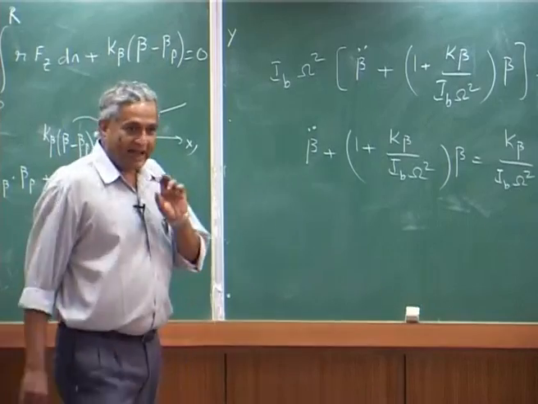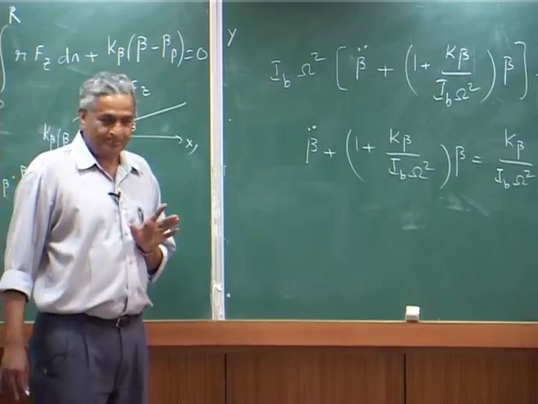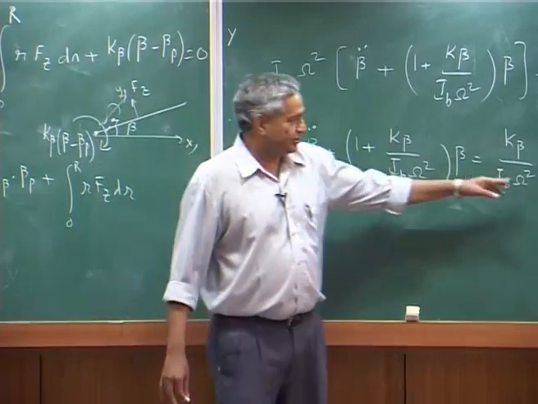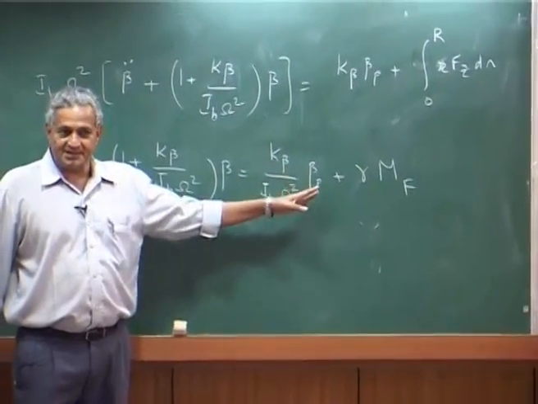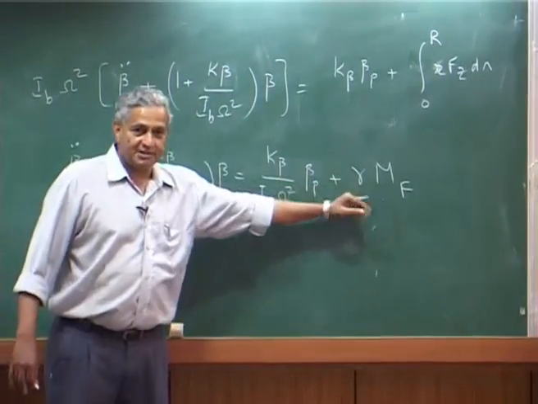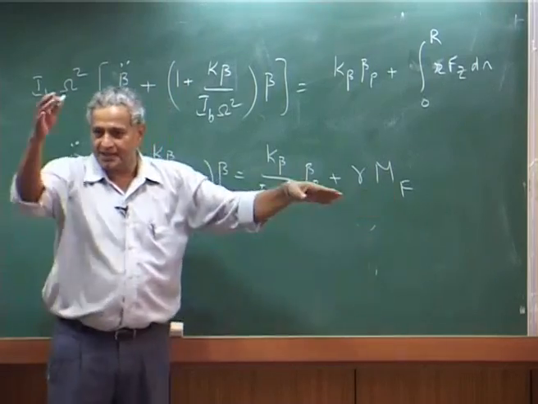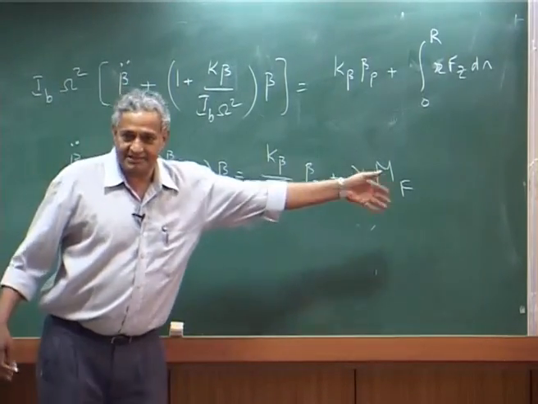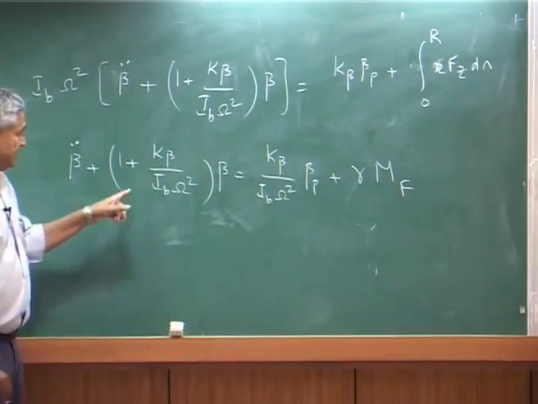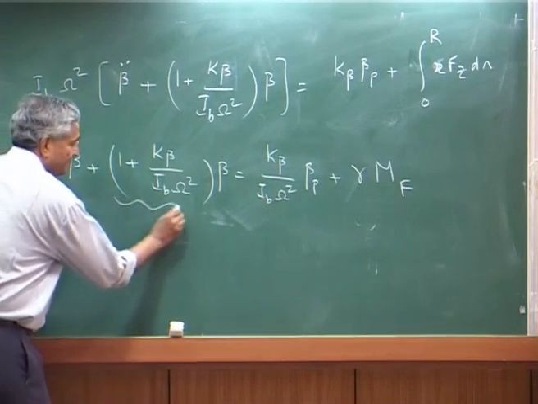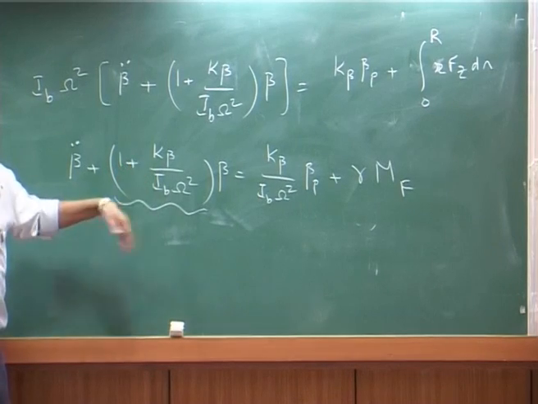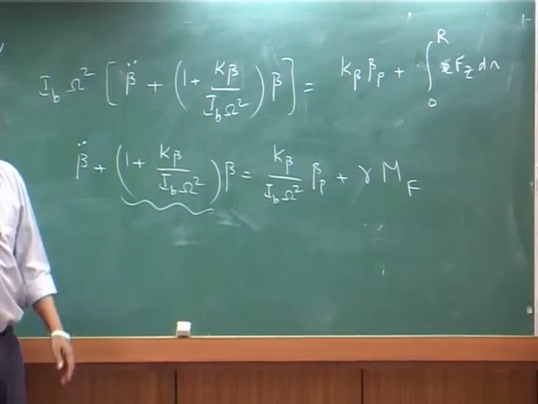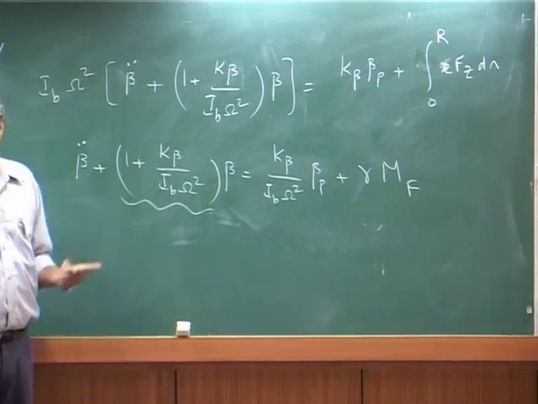By adding a spring and a precone, I am getting a constant moment on the right side. This is the aerodynamic part, because gamma is the Lock number, M_f is all those theta, etc. This is my new natural frequency in flap, which is actually more than 1.